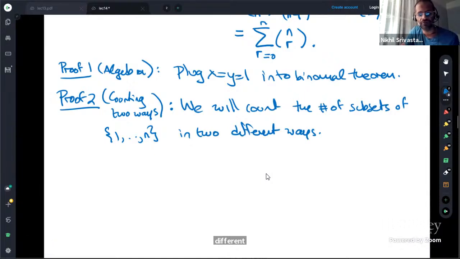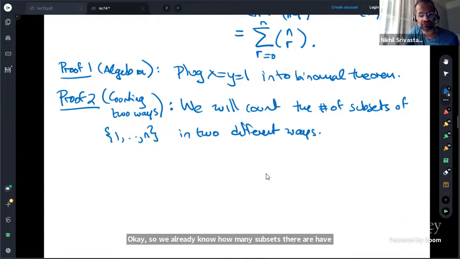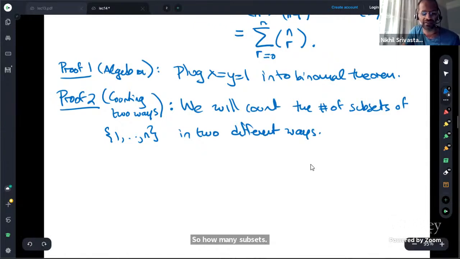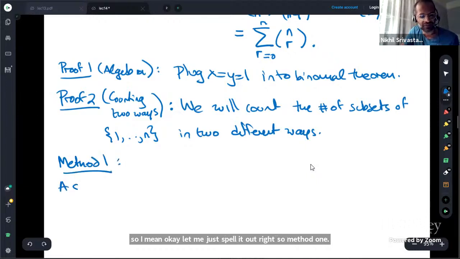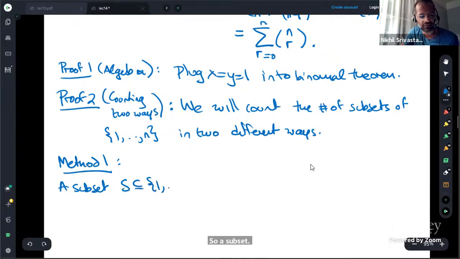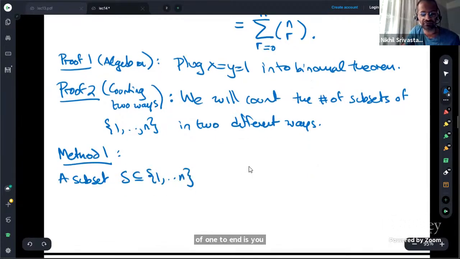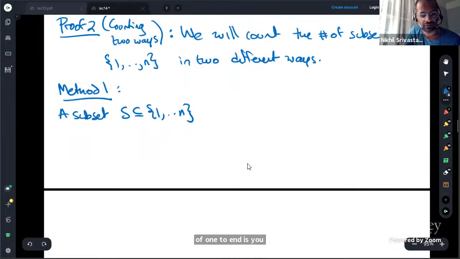We already know how many subsets there are of 1 through n. I think we did it last time in the lecture. But let me just spell it out. Method 1: a subset S of 1 through n is uniquely specified by the following choices.